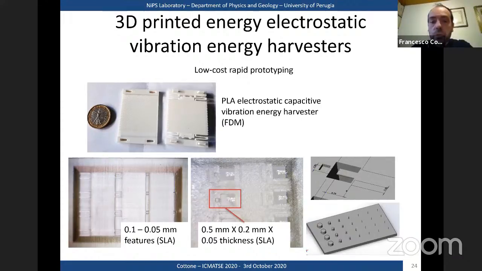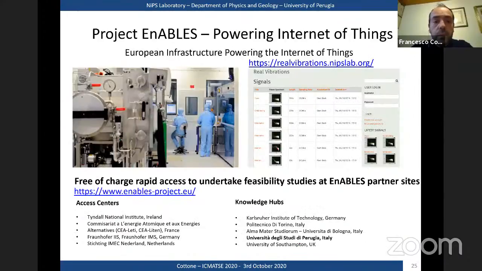Okay, I'm almost done. I want to just show you and provide some advertising of this project. This is the project that also funded all the research that is ongoing. The project is called Enables. This is a European project that provides you free of charge rapid access to facilities of this consortium.